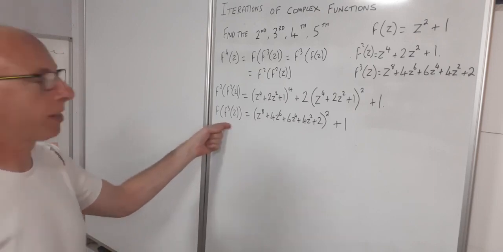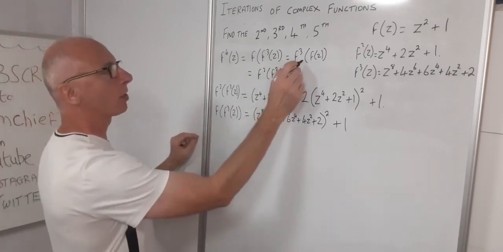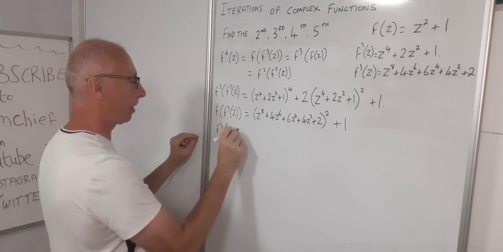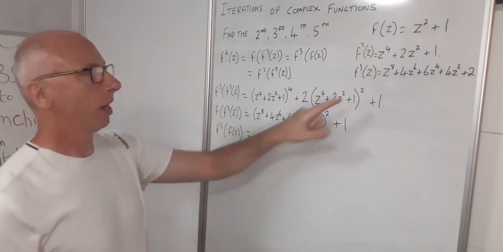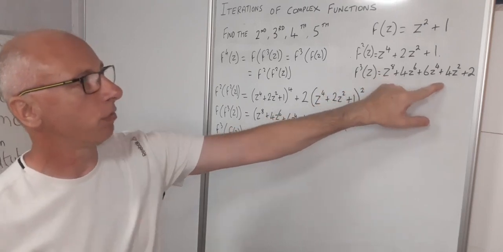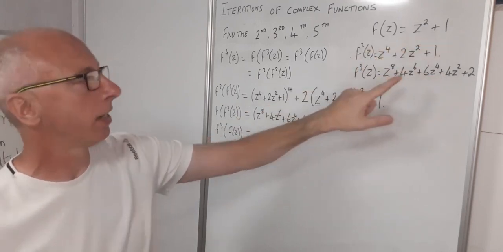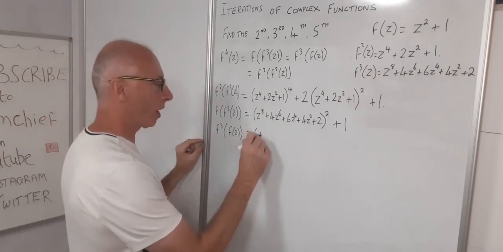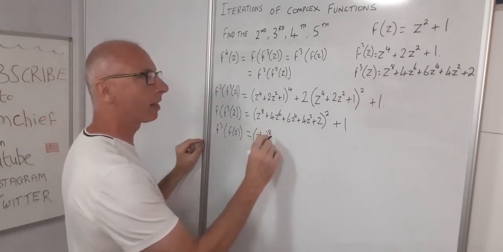And now let's have a look at the other way round, which was this one, which is f of 3's rule for f of z. So using this rule and inserting f of z. So for z to the 8, we write z squared plus 1 to the power of 8.